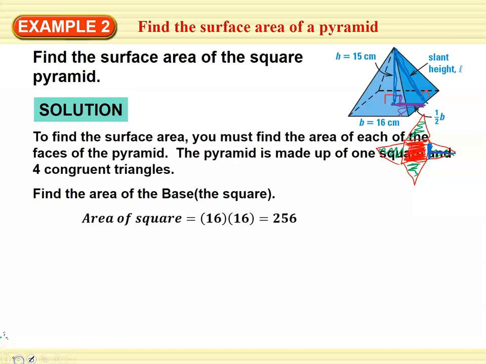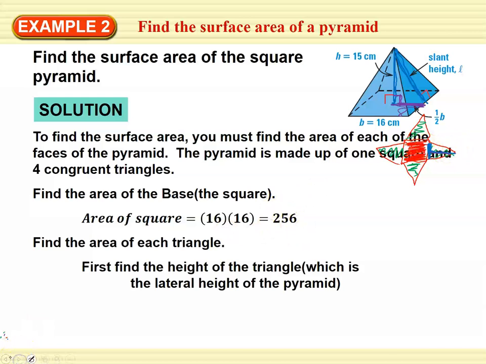So here's the area of the square. That's that red part that I mentioned before. But to find the area of each triangle, we need to find that lateral height. Here's a picture of just that.